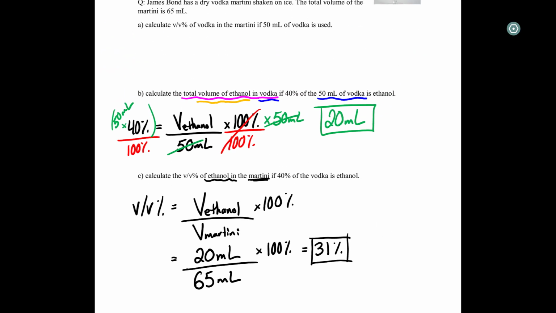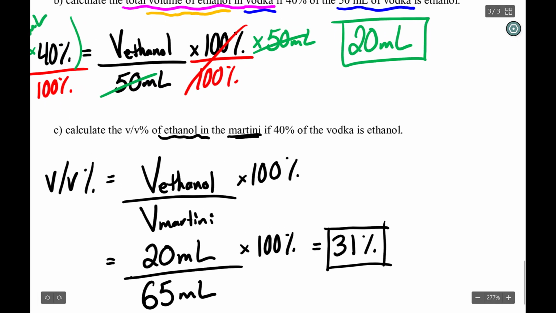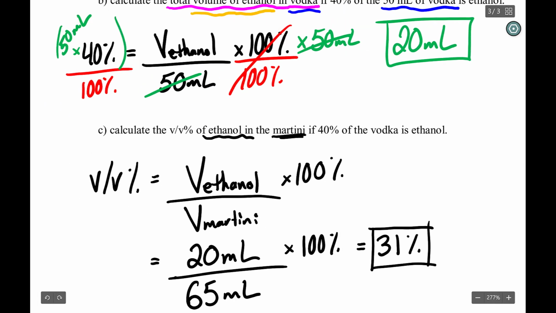We did multiple things. We first figured out the volume of ethanol in the vodka. Then we figured out the volume percent of ethanol in the martini, because the ethanol is diluted by that extra little bit of water when the martini is shaken on ice.